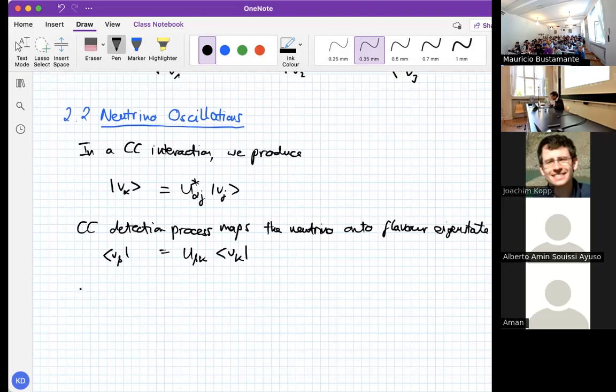So that means the amplitude for what happens between neutrino production and detection, this amplitude is ν_β times the time evolution of the ν_α state. So we produce a ν_α, we time evolve it, and we then map it onto possibly a different flavor eigenstate.